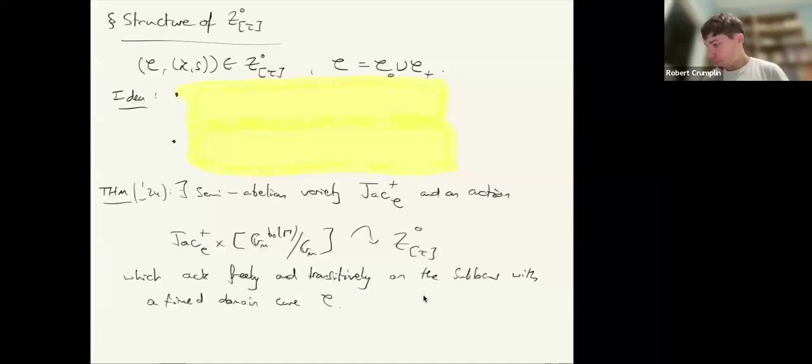Cool. So yeah, you can actually say more. So this now is about the structure. You can say something about the structure of many strata. So this is not just for maximal ones; now we can think about any stratum. And okay, so here's a setup again.